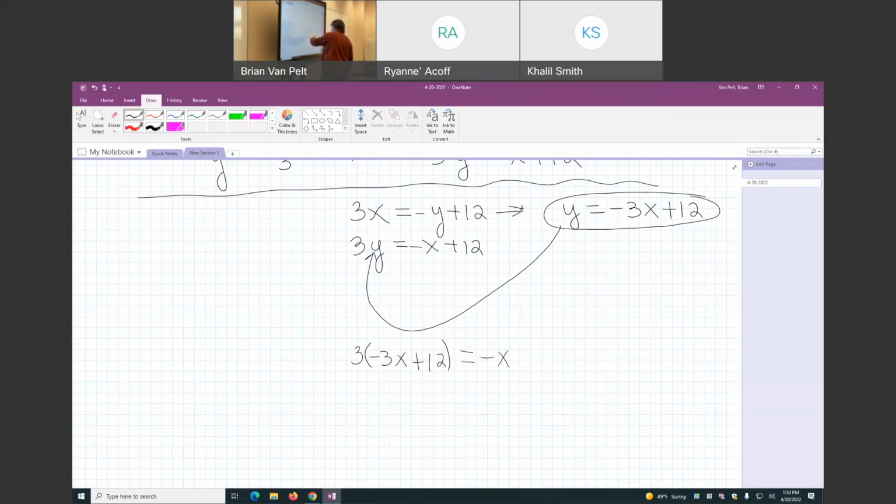Negative x plus all that. Hopefully you can see that I will distribute the 3 on the left side. I put negative 9x plus 36.